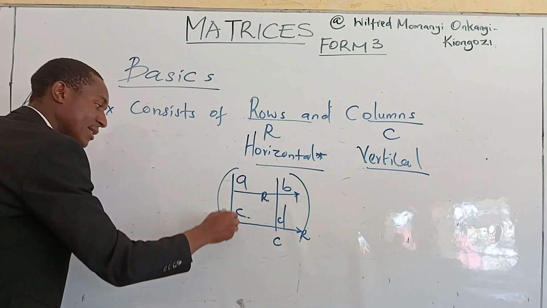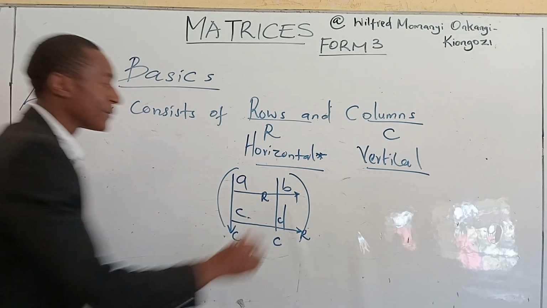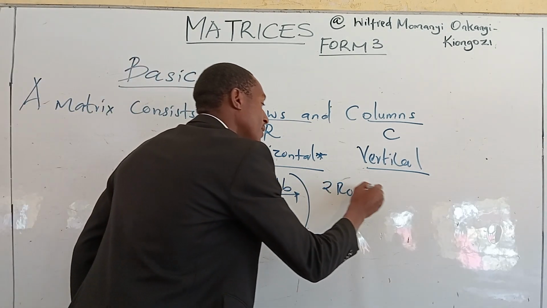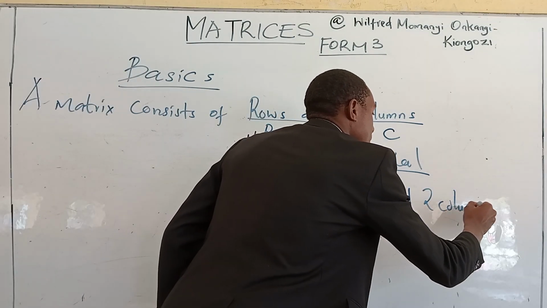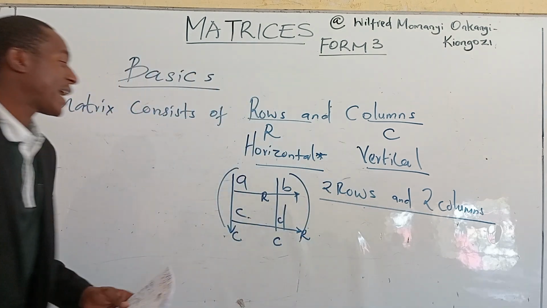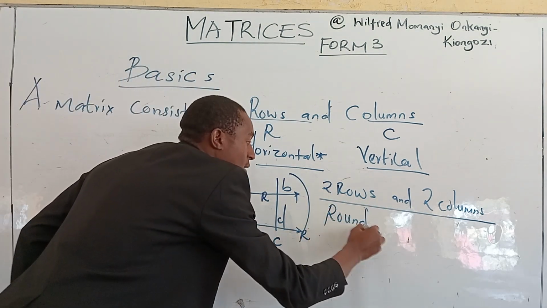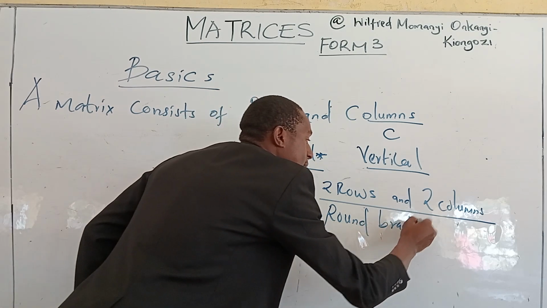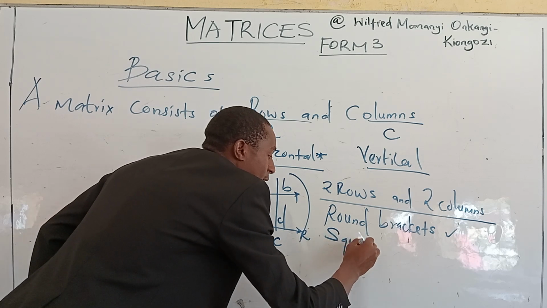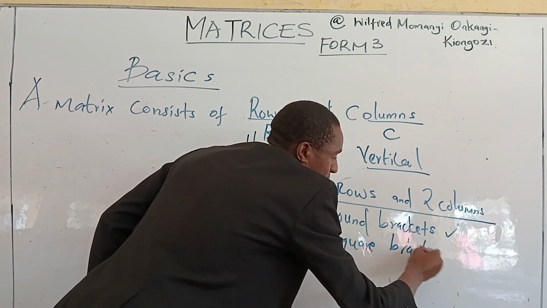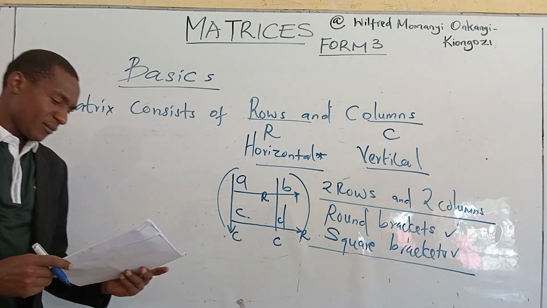From A towards C is another column. So we have 2 rows and 2 columns in this kind of matrix. So we can use round brackets or square brackets. You can use either.